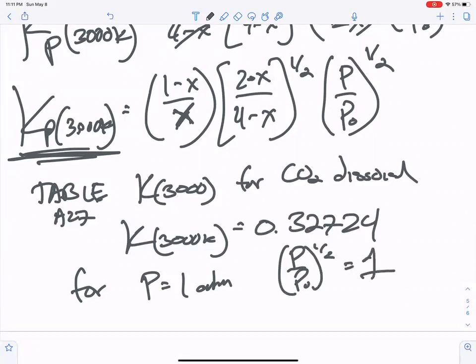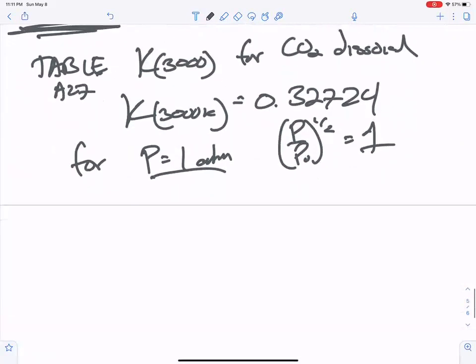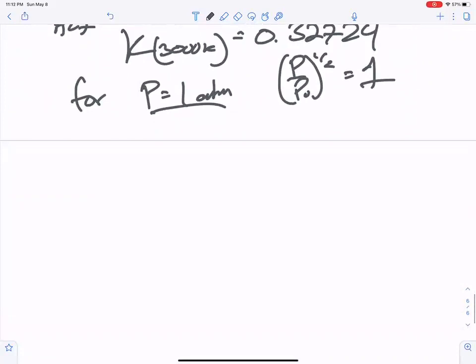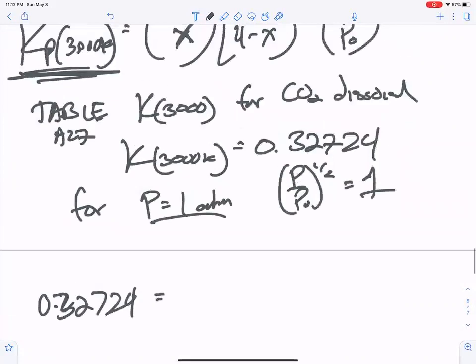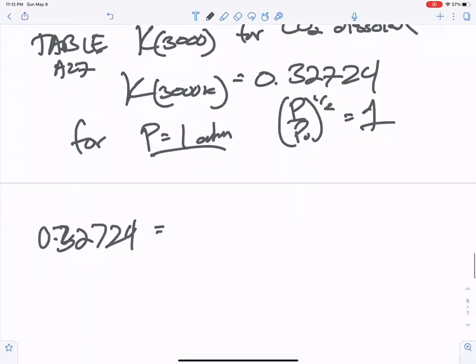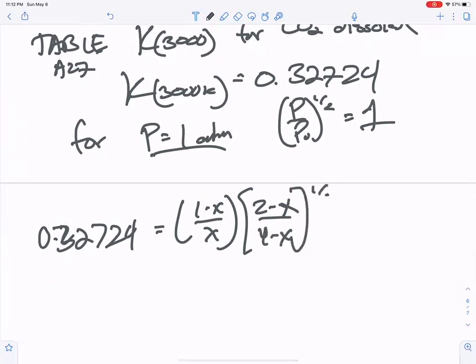So let's just say for 3000 Kelvin, 1 atm, that will set up our problem. That would be 0.32724 equals this expression we just had here. This is 1 now because it's 1 atmosphere.